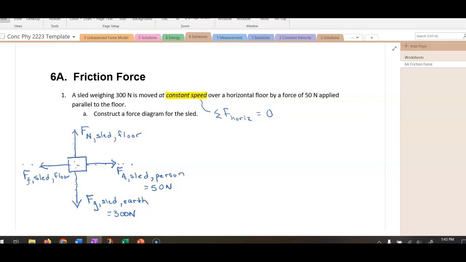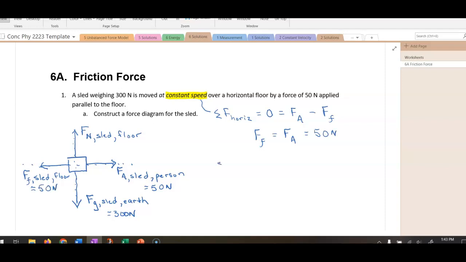Okay, and in the horizontal direction, I would add those forces by saying it's equal to the applied force minus the friction force. So that tells me that the friction force has the same amount as the applied force, which is 50 newtons. Okay, so I'm going to go ahead and label that.